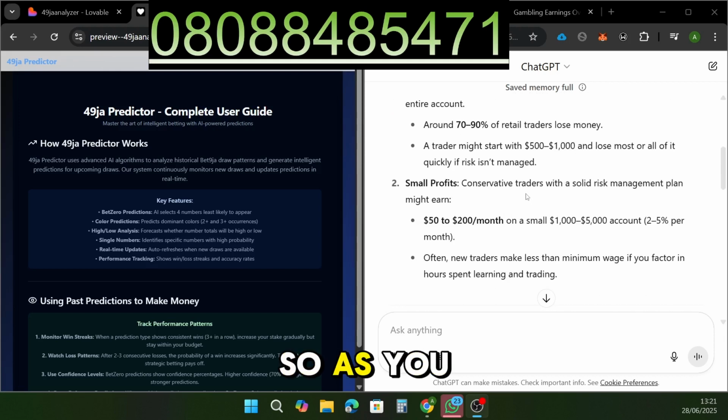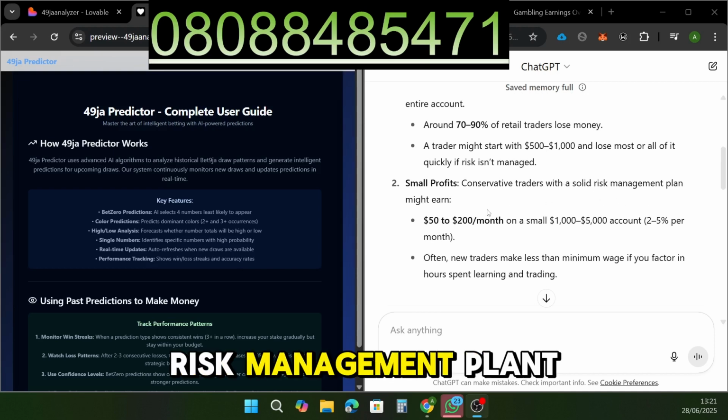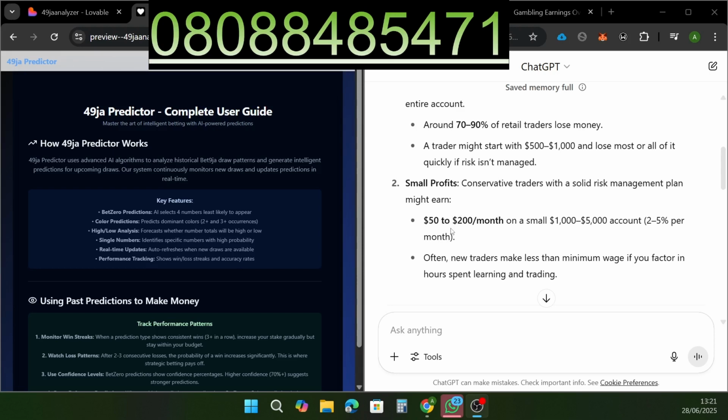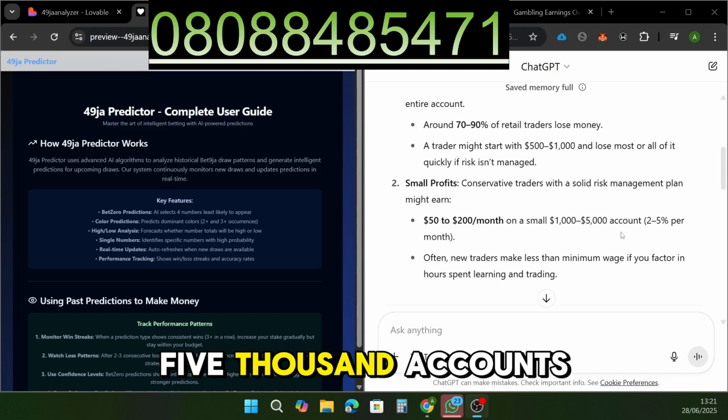As you can see, small consistent profits: a trader with a solid risk management plan might earn $50 to $200 monthly on a small $1,000 to $5,000 account.